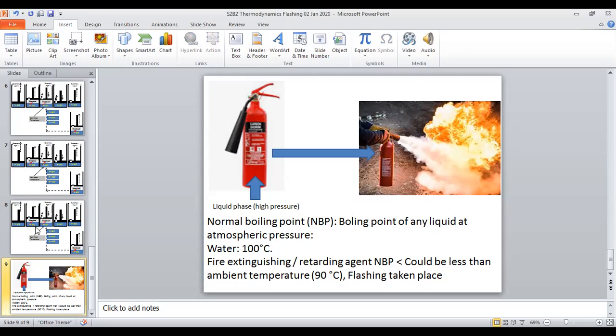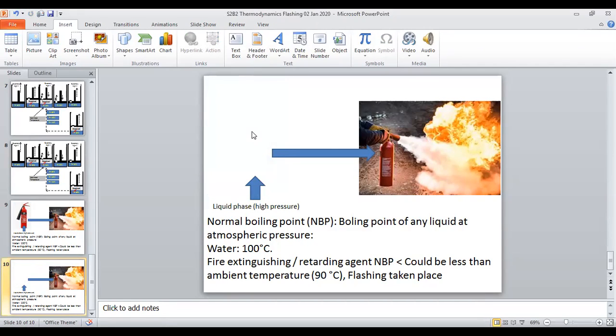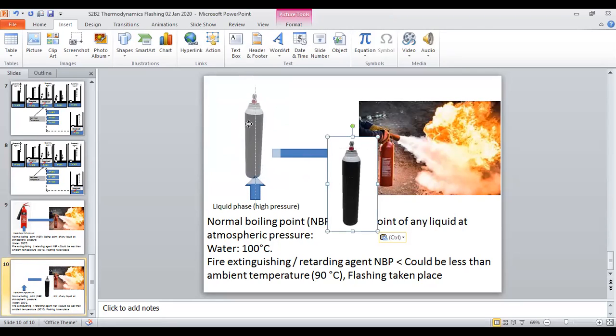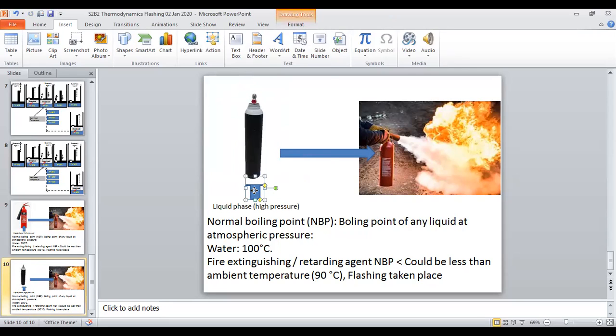And another one, let's see. Instead of this, I will put an oxygen cylinder.